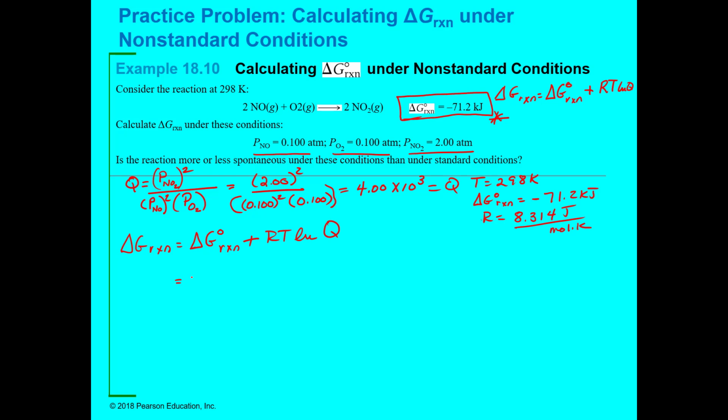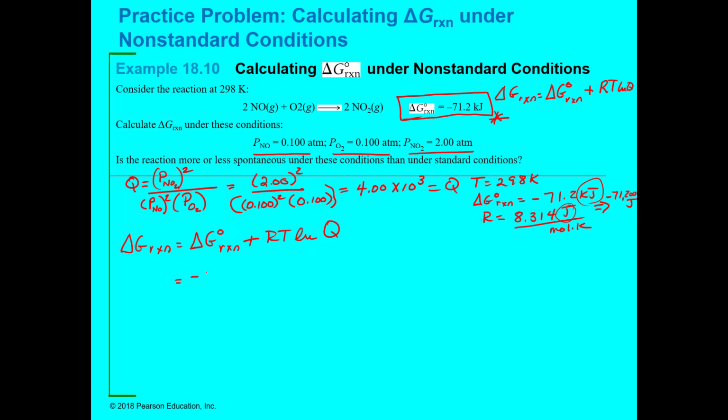All right. Now, one thing I'm going to look at is this is in joules and this is in kilojoules, and that would really mess me up, wouldn't it? So I'm going to convert that to the negative 71,200 joules from 71.2 kilojoules. Hopefully y'all can do that in your head by now.